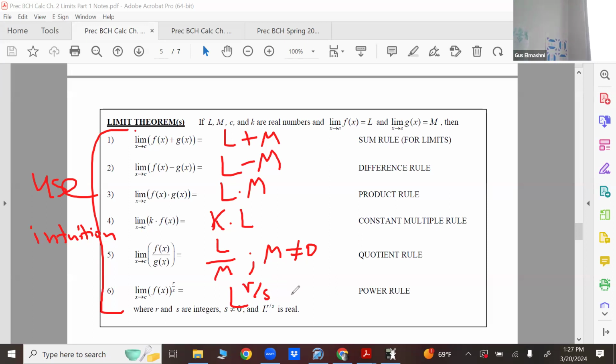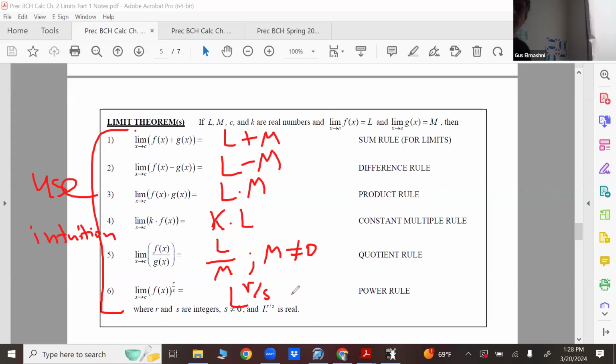So you could totally use intuition here, as long as each individual limit exists. You're adding two functions, even if they're both really crazy, like x plus 5 to the third power, and log base 5 of x plus 2 cubed, whatever. You just do each one individually and add up the limits.